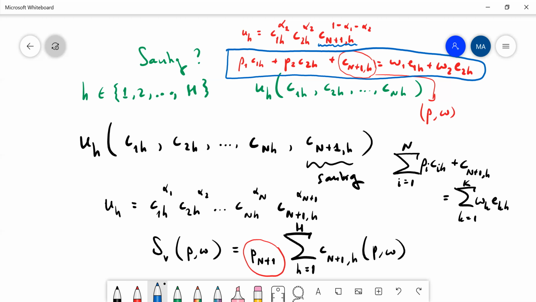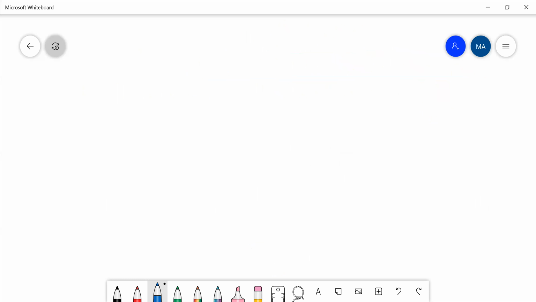There's marginal utility, and there's a cost of not spending that money on consumption. Okay, so there's an implicit return there, and then the total saving can be expressed in this way.